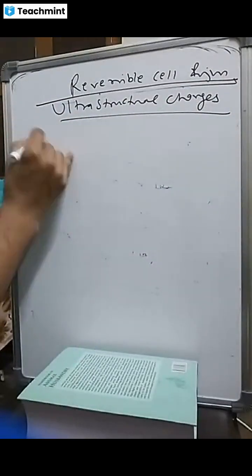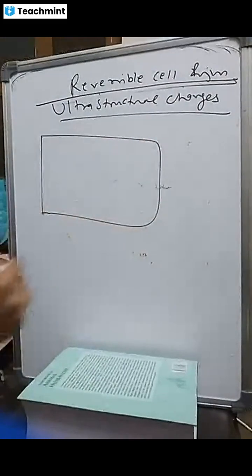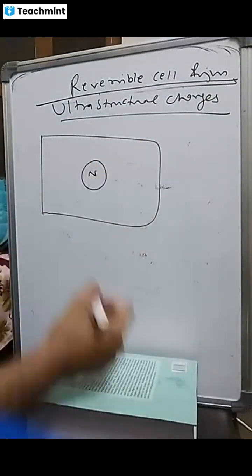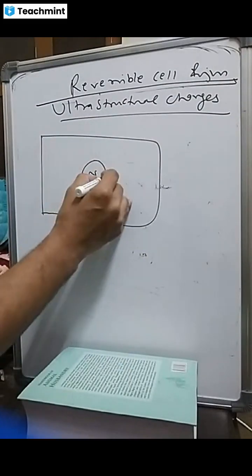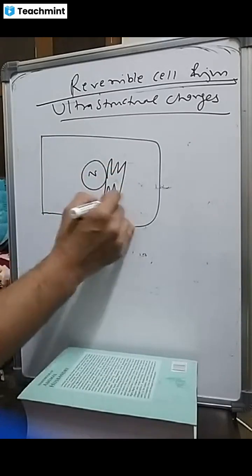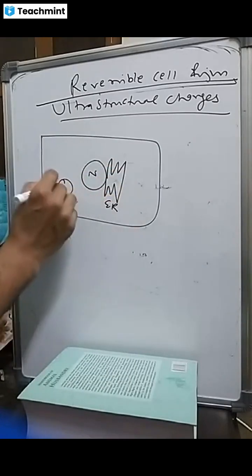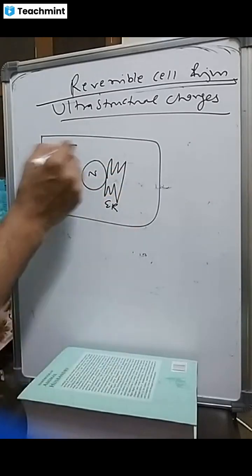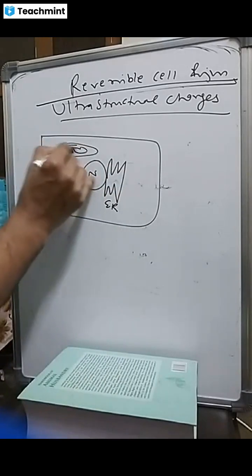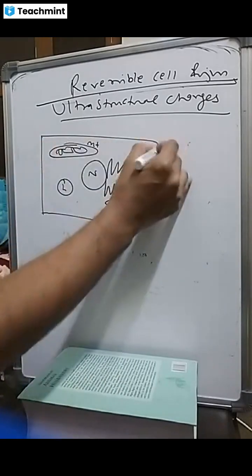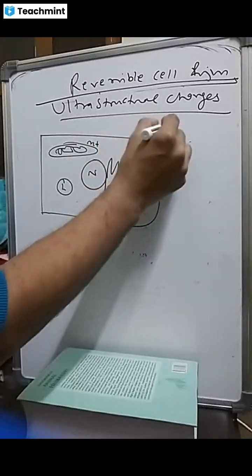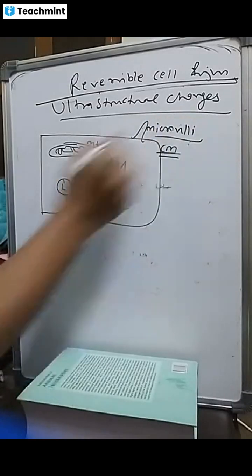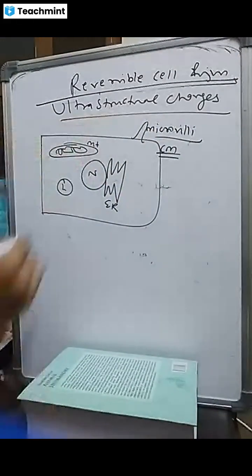If this is the cell, we start with the nucleus, then we'll come to ER, then lysosome, then mitochondria, and at the end, cell membrane, microvilli. We'll see in this sequence.